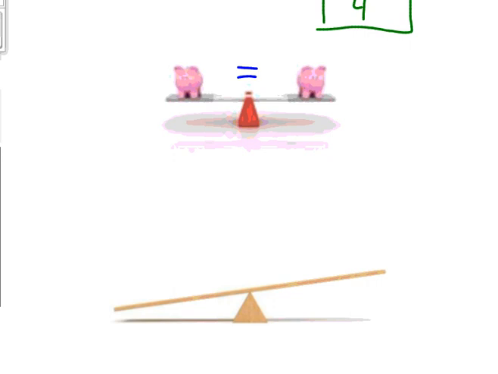So let's say we have an equation that is heavy on the addition, like x plus 5 equals 9. In order to balance that equation, we would have to subtract 5 in order to set it equal.